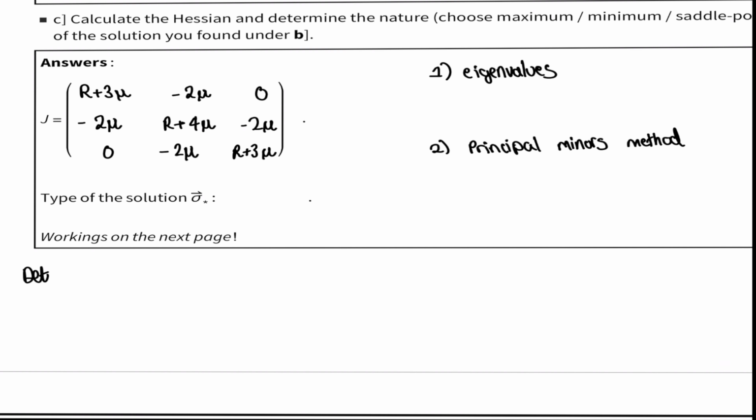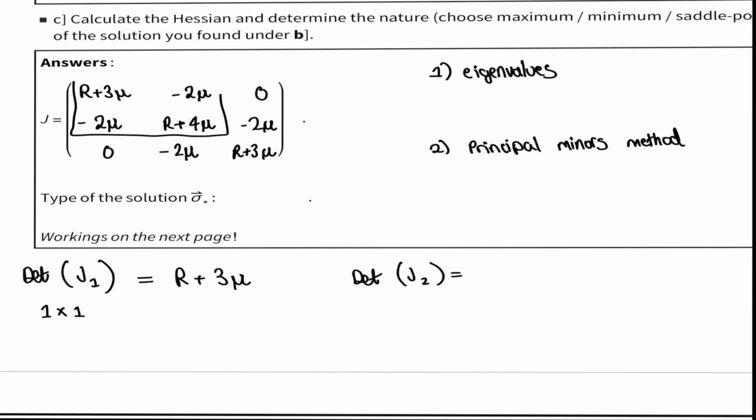So if we look at the determinant of this matrix J, but J1, by that what I mean is just J, but just that first 1 by 1 submatrix. So that is just going to be r plus 3 mu. If we now look at det J2, we get this 2 by 2 matrix.